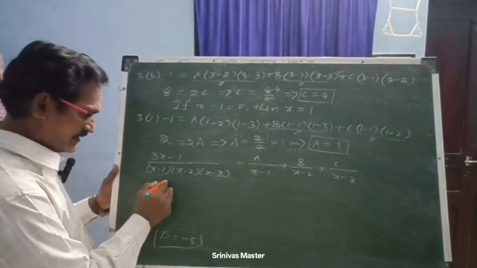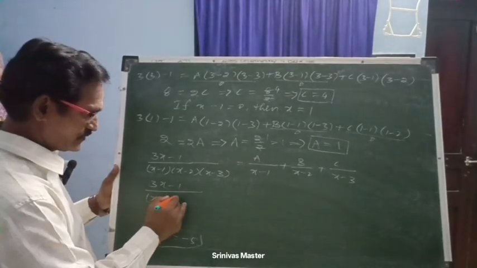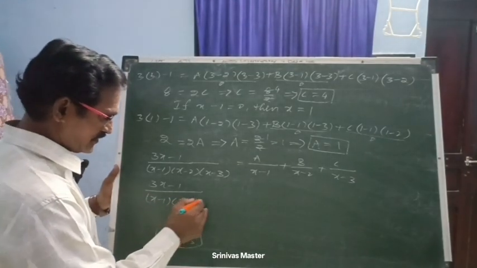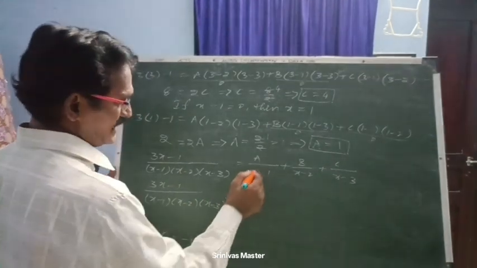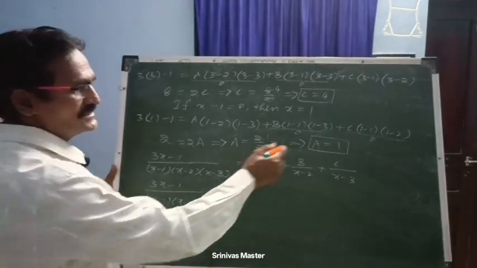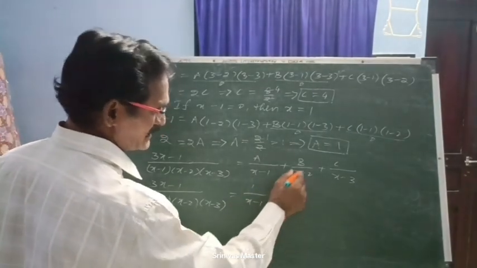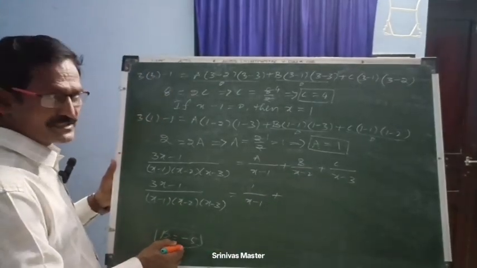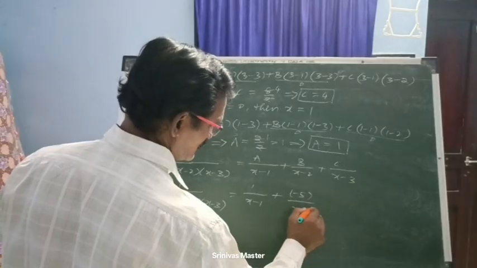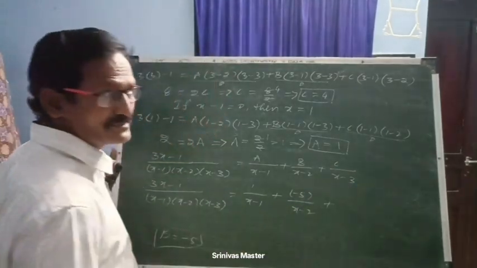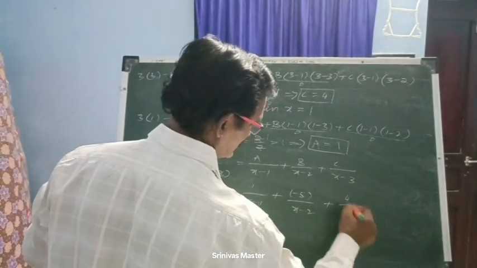So, what is given? 3x minus 1 by x minus 1 into x minus 2 into x minus 3, right? It is equal to a by, a value how much, children? a is equal to 1. That means 1 by x minus 1 plus b by x minus 2. b value is how much? Minus 5. So minus 5 by x minus 2 plus c by x minus 3. What is the c value, children? 4. 4 by x minus 3.